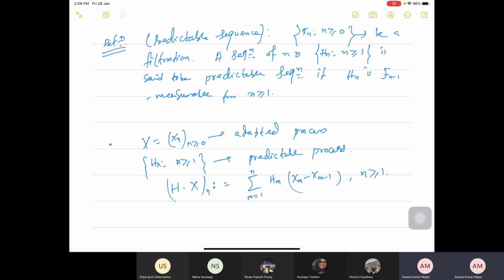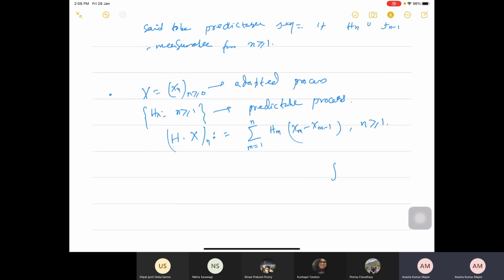So why is it the discretized form of the integral? Already you know that if you want to define some H dX, say in the Riemann-Stieltjes sense, suppose this is my 0 to capital T. Then you are basically discretizing that. There are some differences, because for any time interval you don't need to consider whether it is the left point or right point, any point in between actually holds.